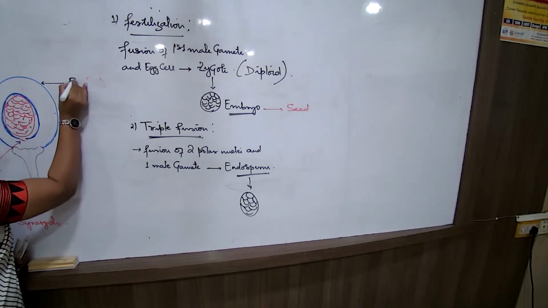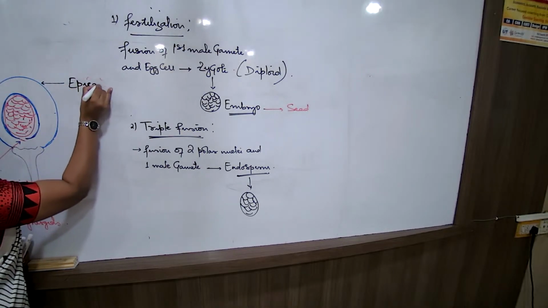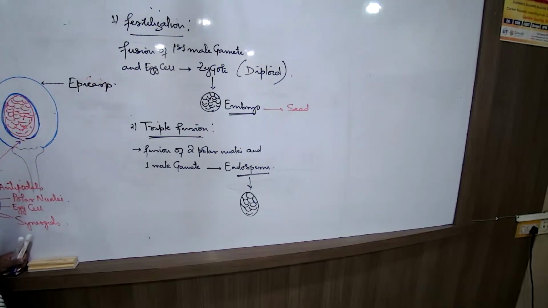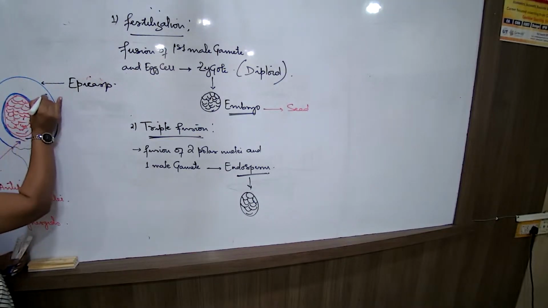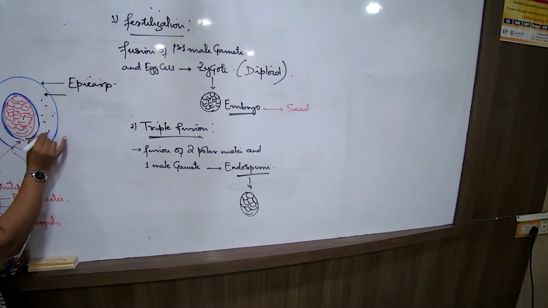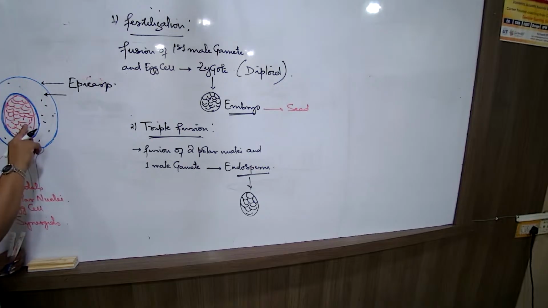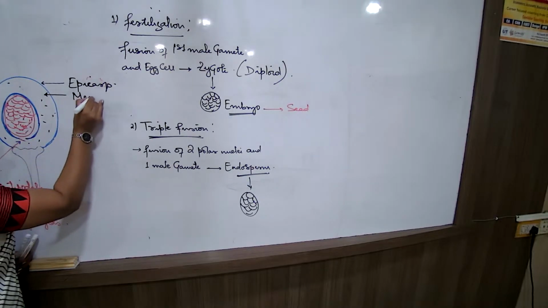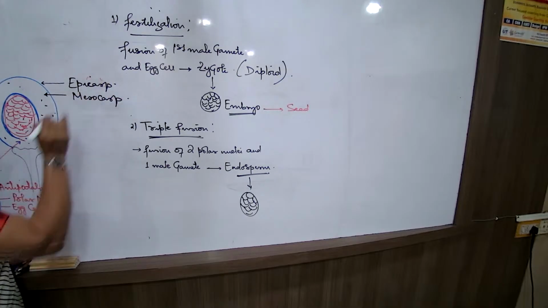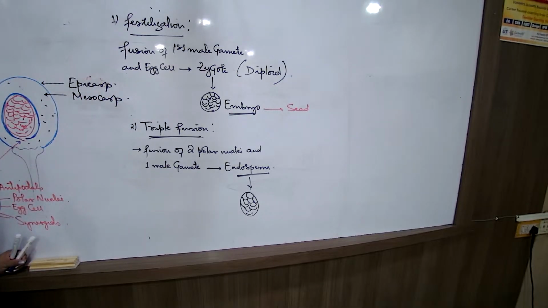This is known as the outer covering of the fruit, the epicarp or the pericarp. These fleshy tissues between the ovule and the ovary wall, this is the edible part of the fruit, known as the mesocarp.